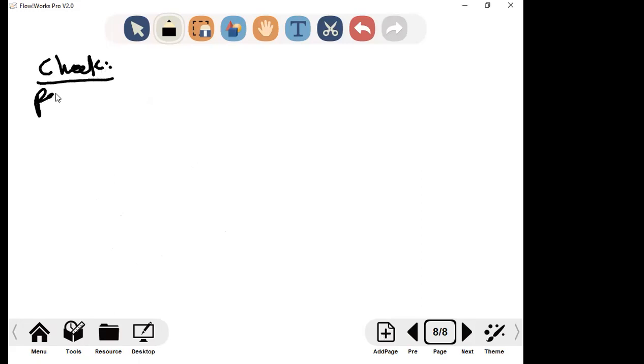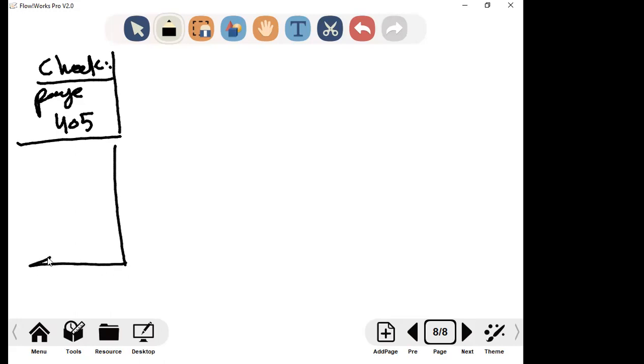We have the check on page 405. We have 2 complementary angles graphed in your book this way. This is the 90, and below we have 10 and 8x. So here we have 10 degrees, and here we have 8x degrees.